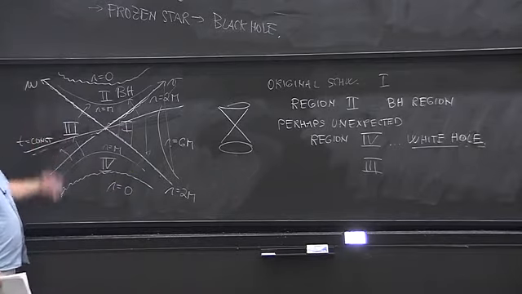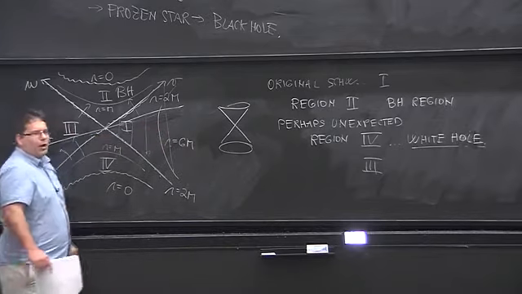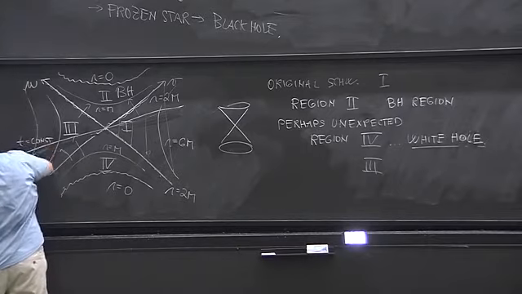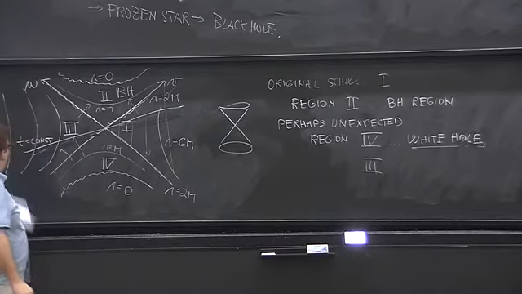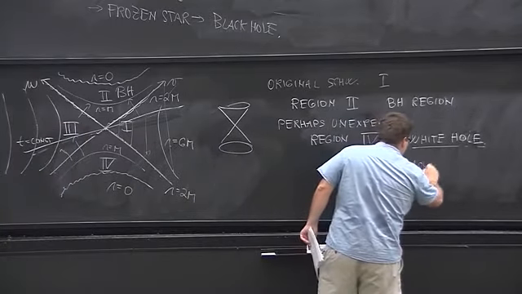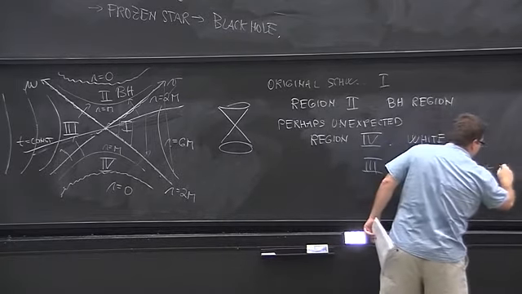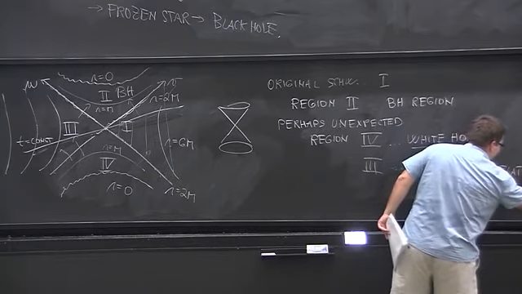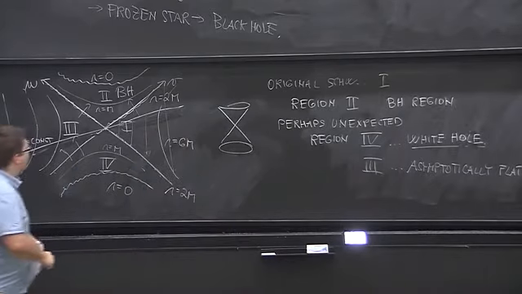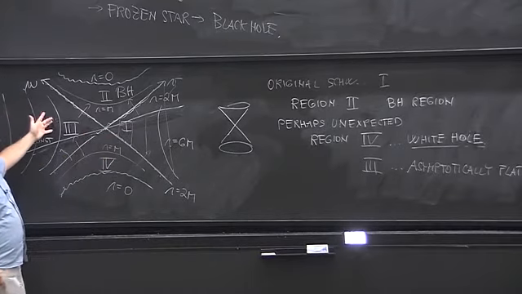All right, and then we have this region 3. Region 3, if you look at it, is just like a mirror region of region 1. Indeed, R keeps increasing this way, and I have R infinity somewhere here. And so region 3 is another asymptotically flat region. But you see that an observer here can never communicate with an observer there.